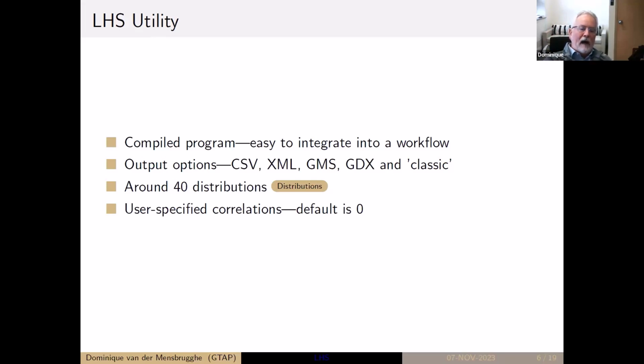We now have 5 output options: CSV, XML, which can be loaded into Excel just as readily as an XLS file, a standard GAMS file or a GDX container, and then I still have backward compatibility with the original output option.